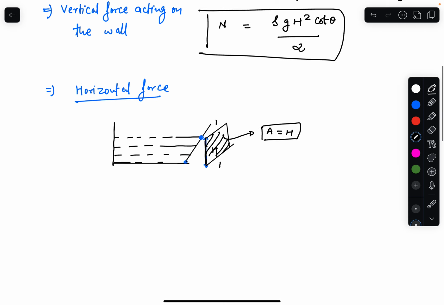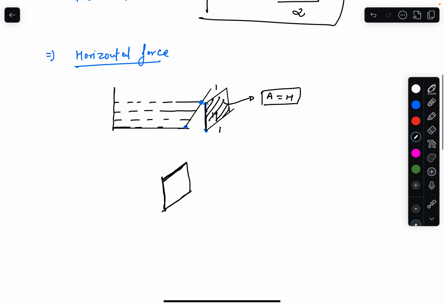Now whenever I have a vertical rectangular surface like this, and I need to find out the net force on that surface, what I do is take the midpoint of that. In case of uniform increase in the pressure, it means the density is not variable. If the density is variable, then of course the things will change.